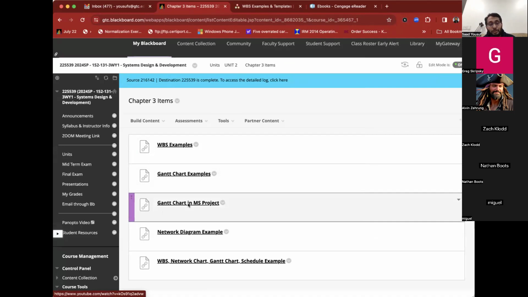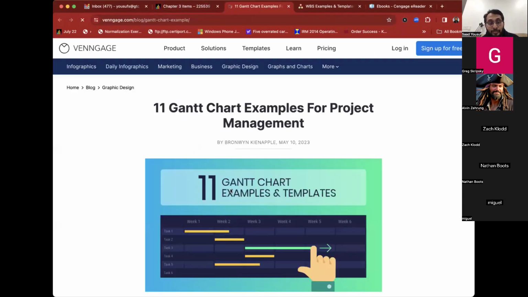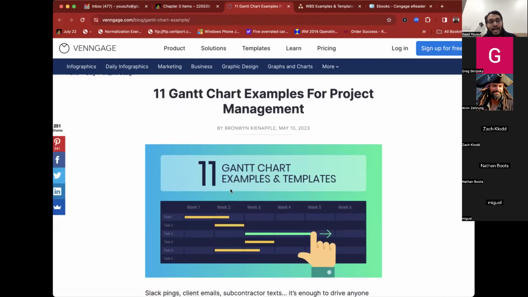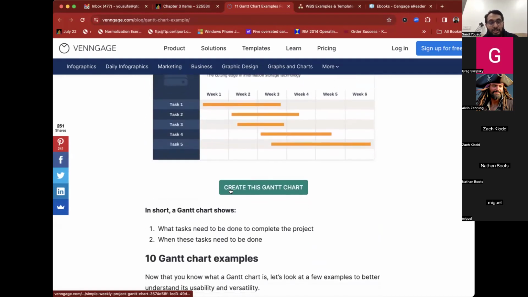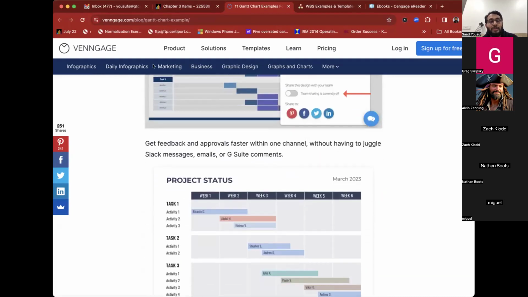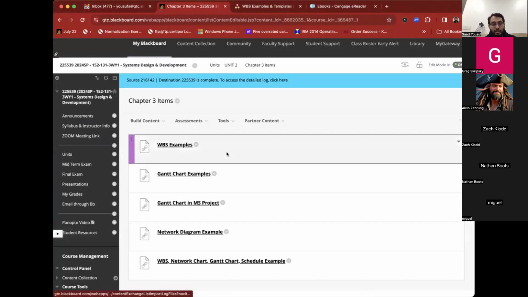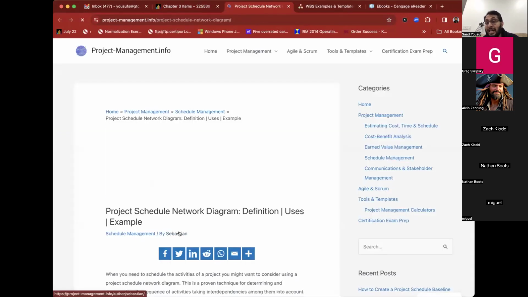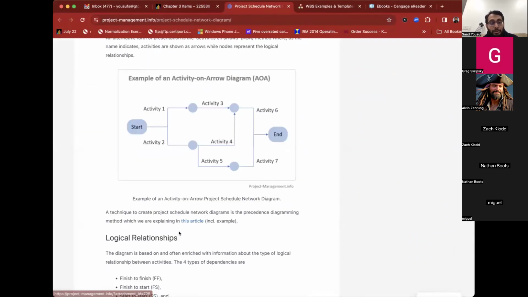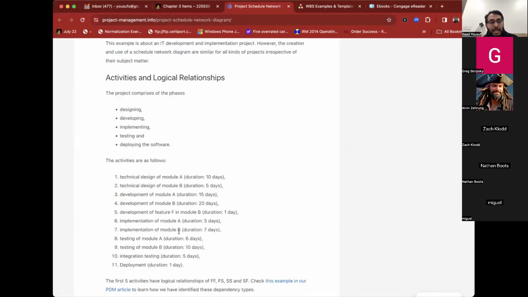But there are 3 more resources that I want you to look into during the week. One is the Gantt chart examples resource. This has up to 5 different Gantt chart examples, and go over them, and that will help you see a little bit more in terms of Gantt charts. Then there are network diagram examples that will help you see into the network diagrams.